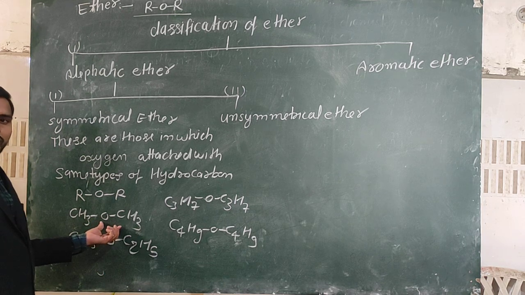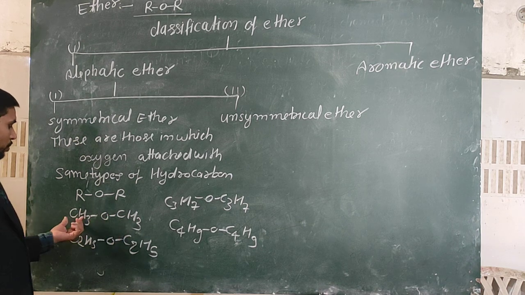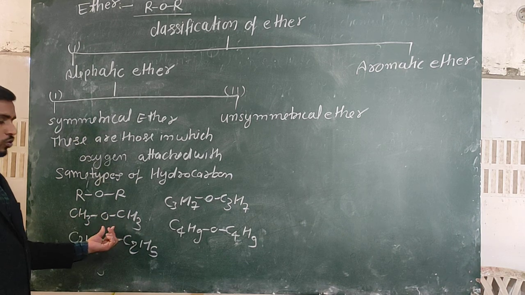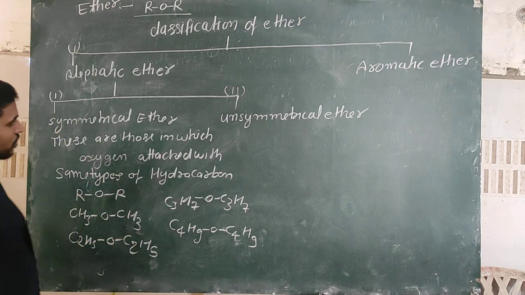Thus you can say that the ether which contains the same type of alkyl group on both sides of the oxygen atom is known as symmetrical ether.